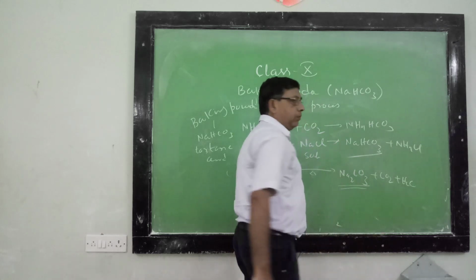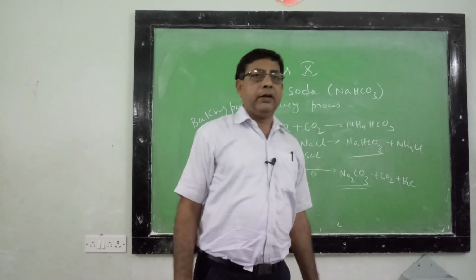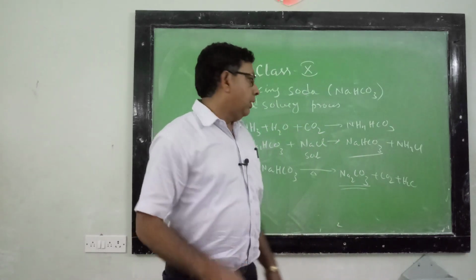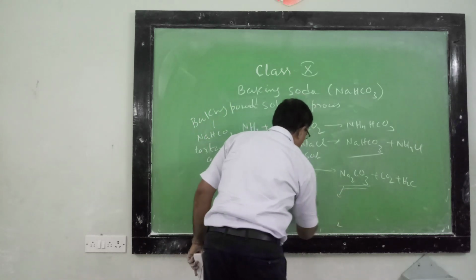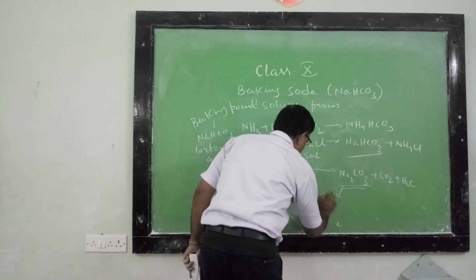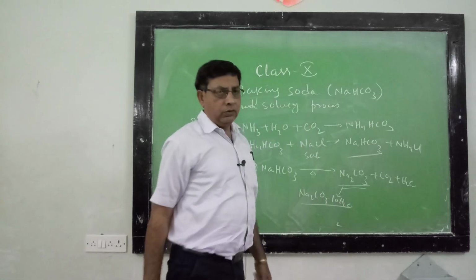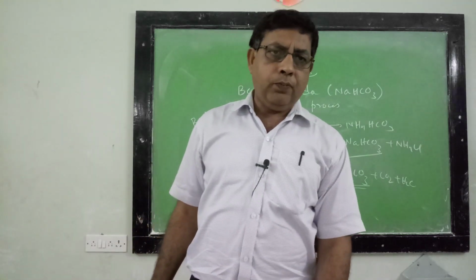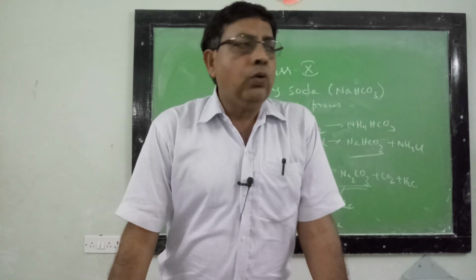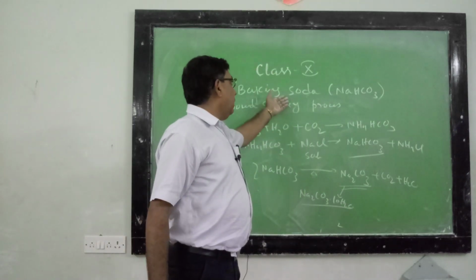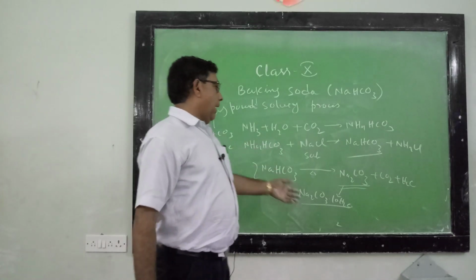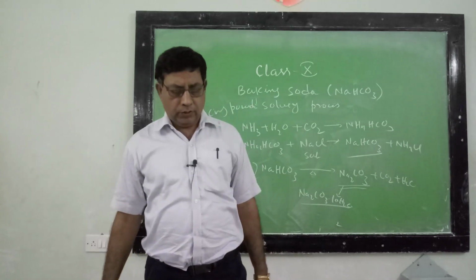This sodium carbonate, when dissolved in water, concentrated and cooled, gives crystals of washing soda, Na2CO3.10H2O. So from sodium chloride we get baking soda, then baking powder, and also washing soda.